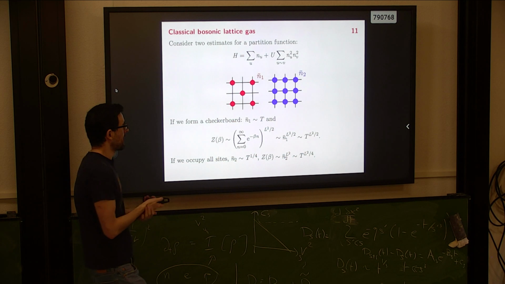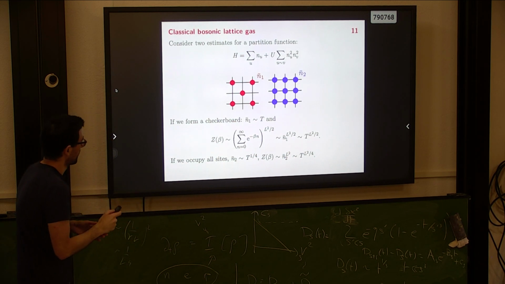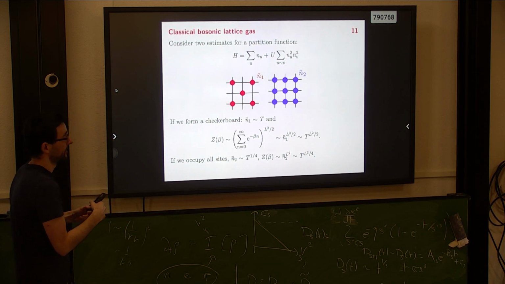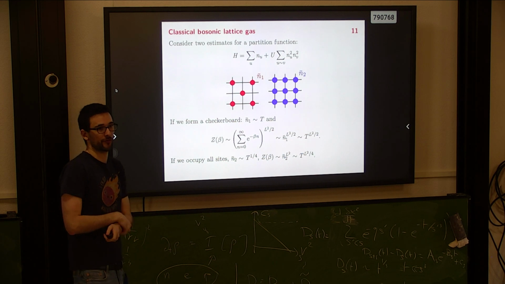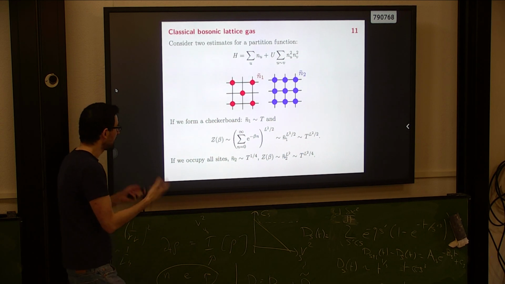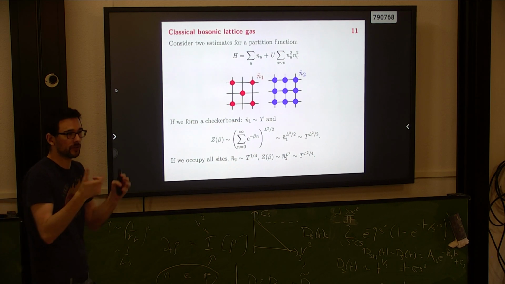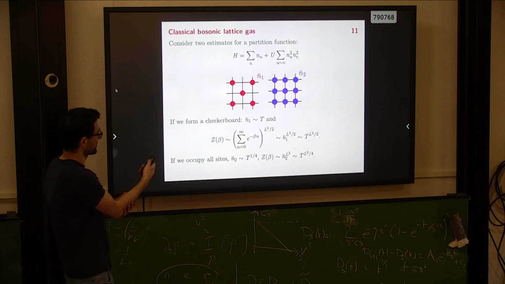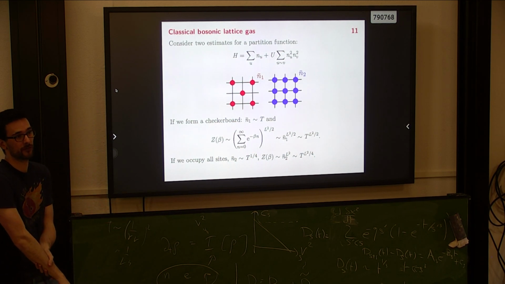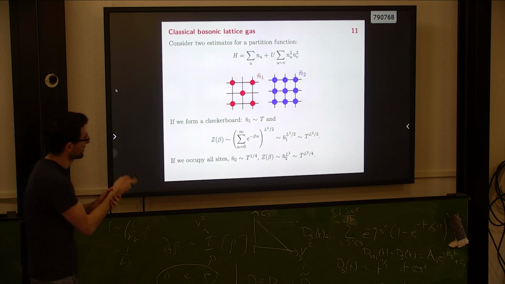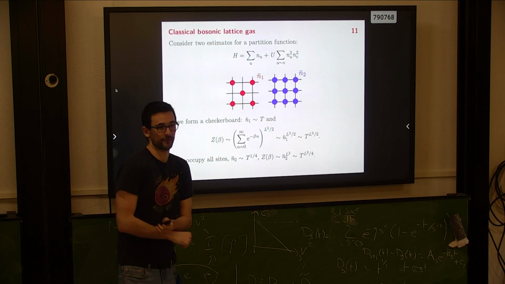And that tells me that n bar 2, the typical occupancy number in the gas phase, is T to the 1/4. And now I can again estimate the partition function by counting up the number of these locally low energy configurations, and it's T to the L squared over 4. And I see that T to the L squared over 2 is larger, so the checkerboard phase actually has much higher entropy.